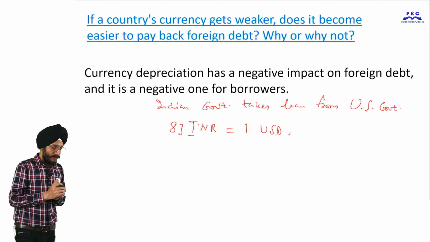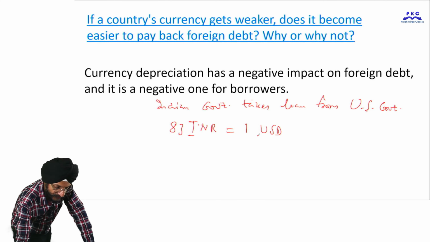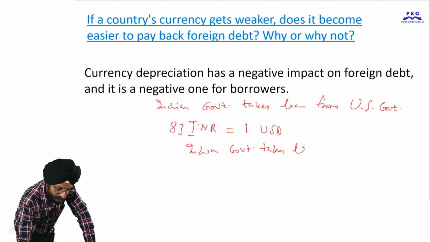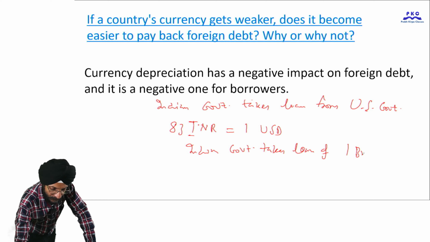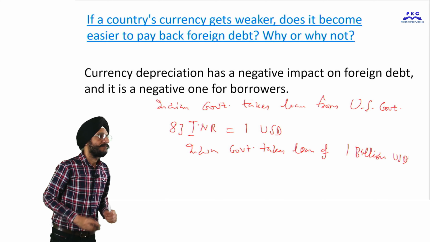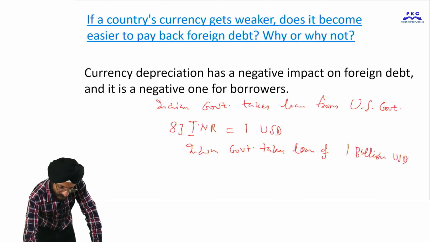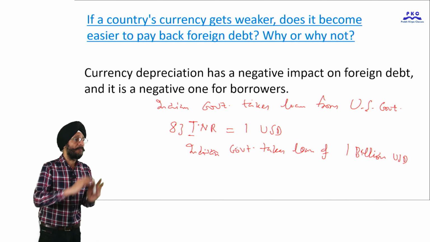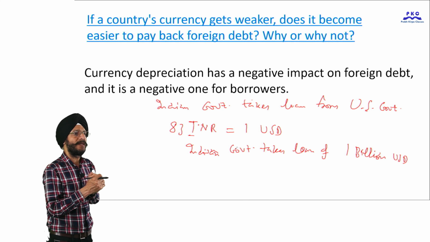Suppose the Indian government takes a loan of 1 billion US dollars. The Indian government has taken a loan from the US government to the tune of $1 billion.